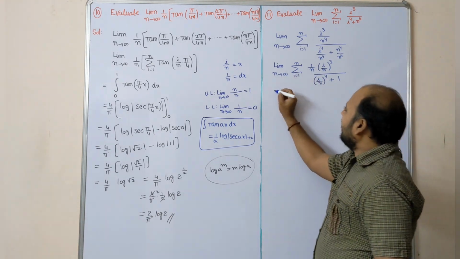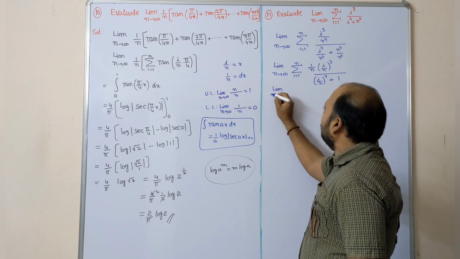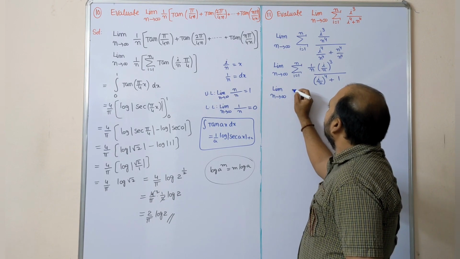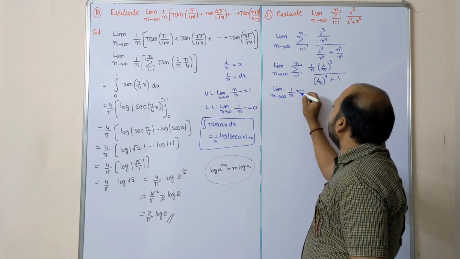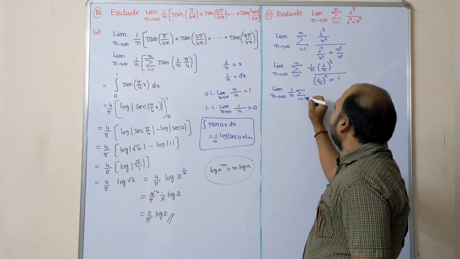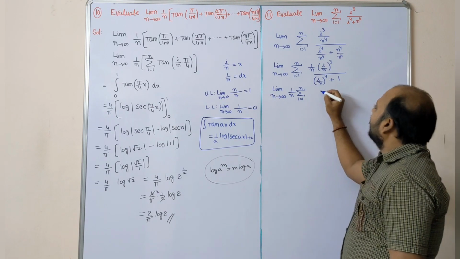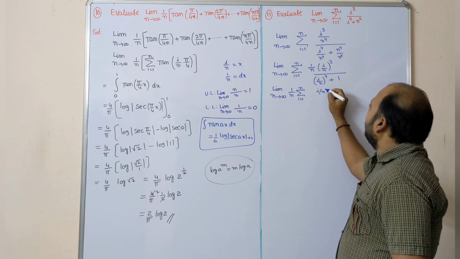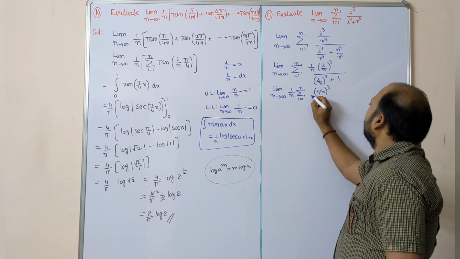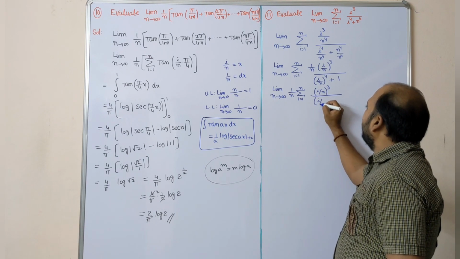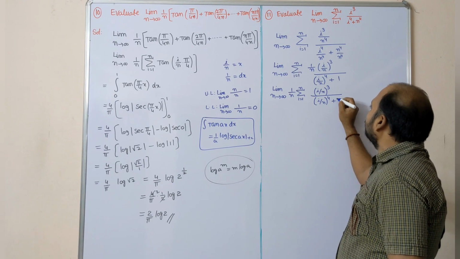This 1 by n we can take out: limit n tends to infinity, 1 by n sigma i equal to 1 to n, i by n whole power 3 divided by i by n whole power 4 plus 1.